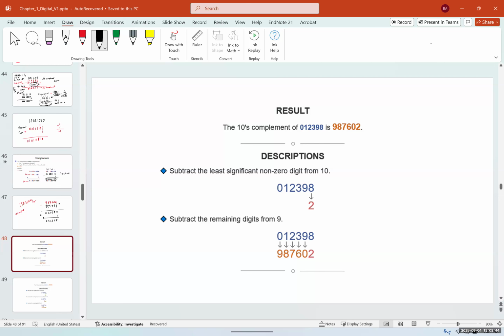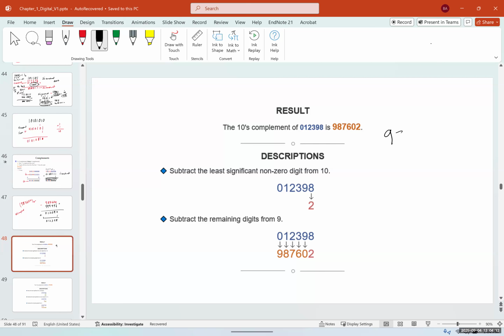So in this case, the least significant digit is 8. We subtract that from 10, we get 2, and the rest we subtract from 9: 9 minus 9 is 0, 3 minus 9 is 6, 2 minus 9 is 7, 1 minus 9 is 8, and 0 minus 9 is 9.